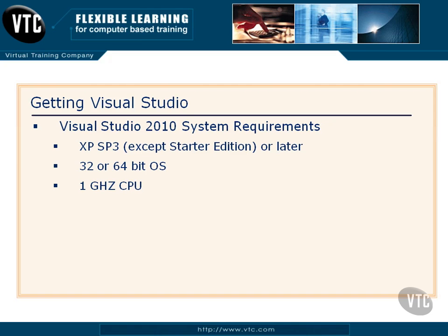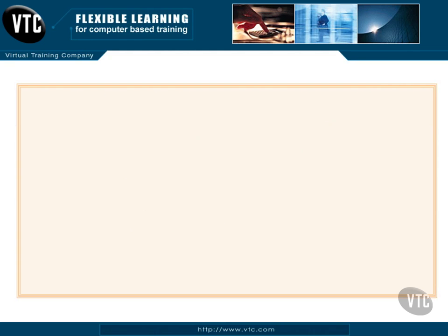Pay close attention to the or faster part. You'll need at least 1 gigabyte of RAM. You actually need more than that to not hate your life while you're doing this, but the minimum requirement is 1 gigabyte. Notice with Visual Studio 2010, you need at least 3 gigabytes of available disk space. This is to download the product and install it.